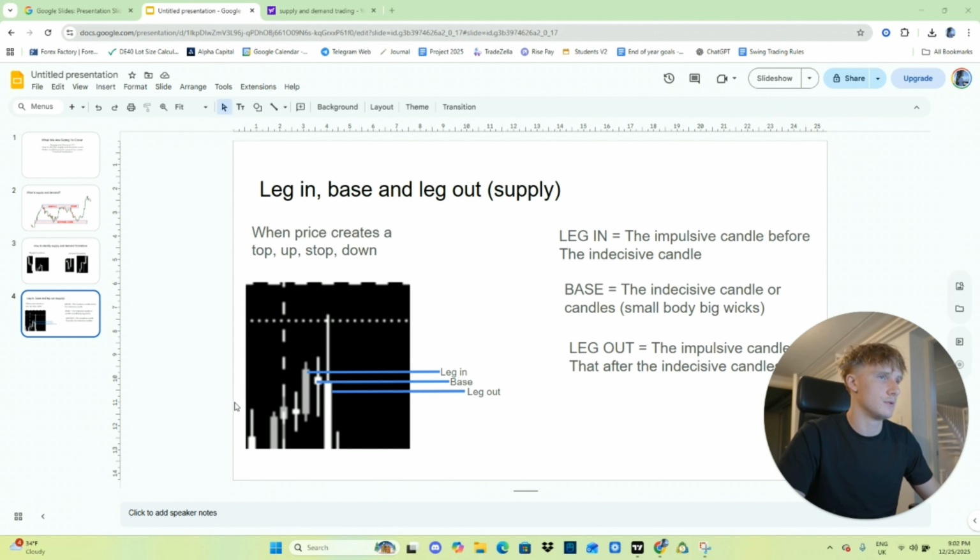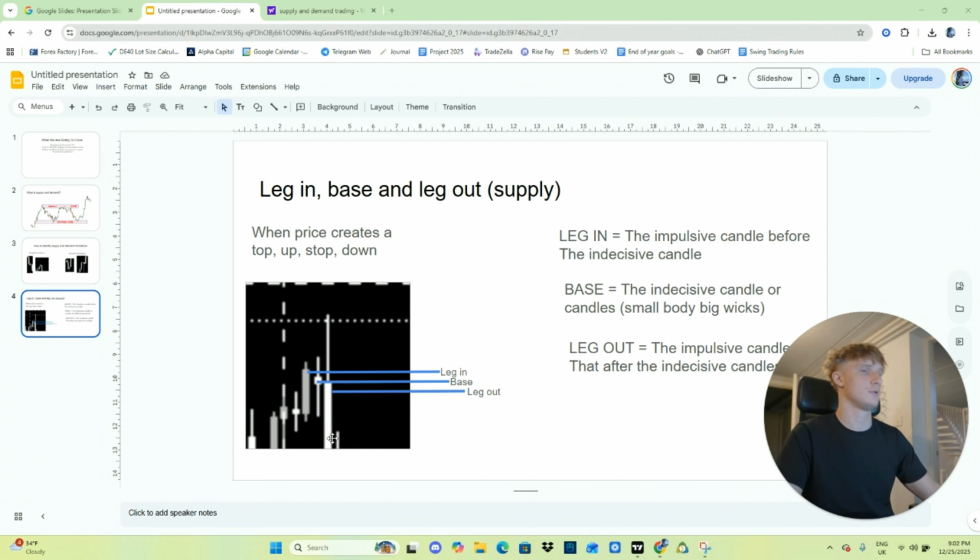The first, and probably the easiest to identify, is this formation right here. When price moves up impulsively, it then stops, creating an indecisive candle, and then pushes down, breaking out with an impulsive candle. So it basically creates a top, right? It goes up, it stops, and then it comes down.